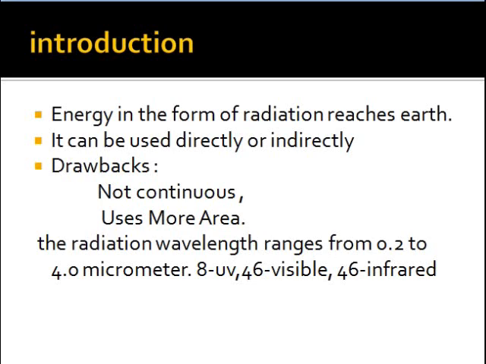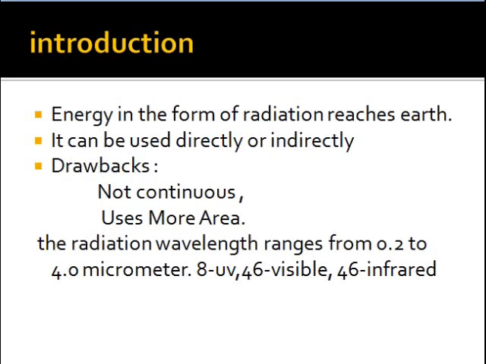But unfortunately, it has some drawbacks. That is, it is not continuous. That means the radiation that falls on the earth is not continuous. Sometimes cloud may come and obstruct the radiation. We know from morning 8 till say 6 or 7 o'clock you will get solar radiation, but the intensity in the morning is different, intensity in the afternoon is different, intensity in the evening is different.